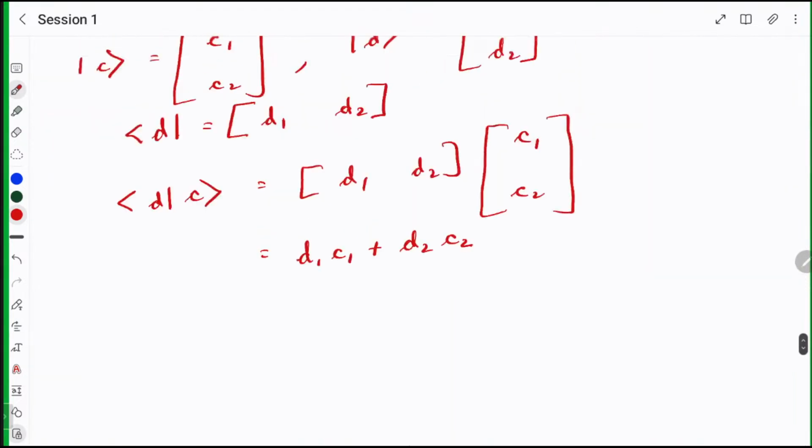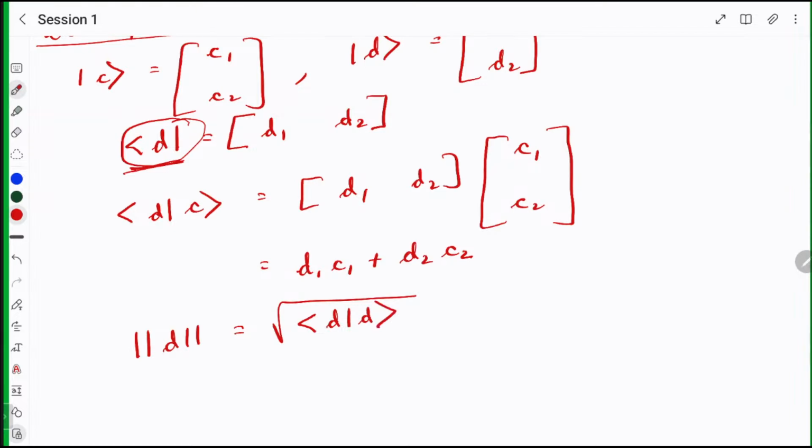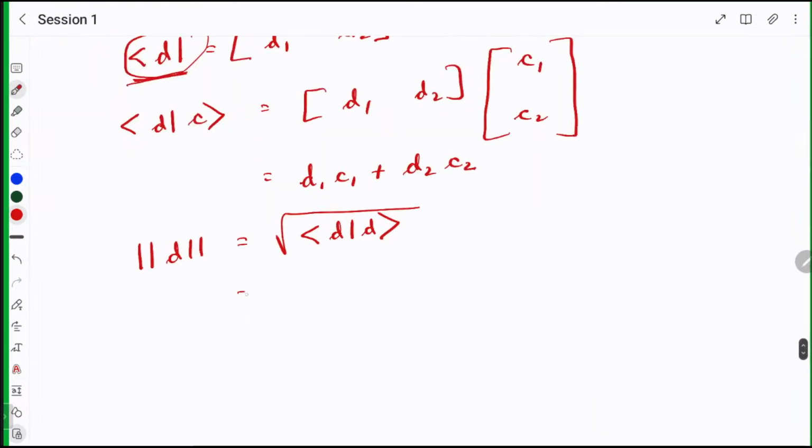We would like to describe it in the same way. So for example, if I try to find the norm of D, basically a measure of the length of D, then what I would do is just use, so it was v1 dot v1 there, here it will be just dd, something like that. So let's see what we get if we do that.